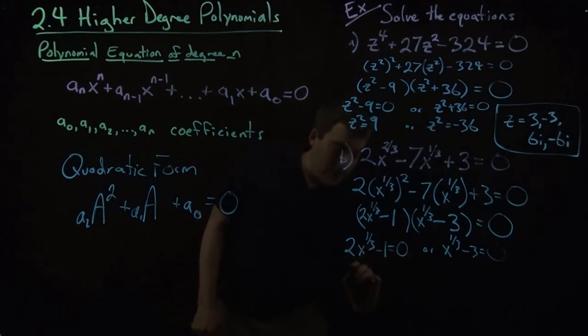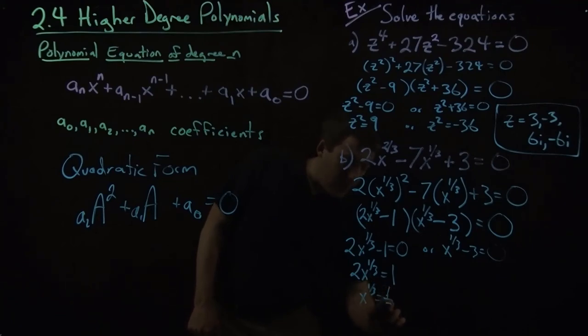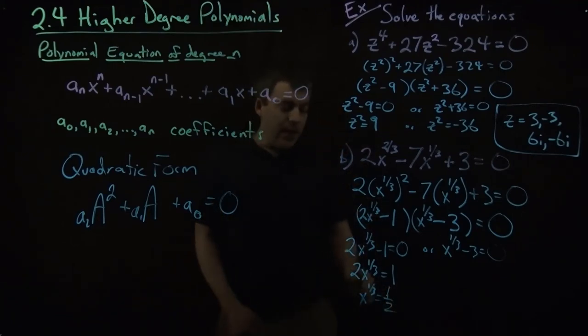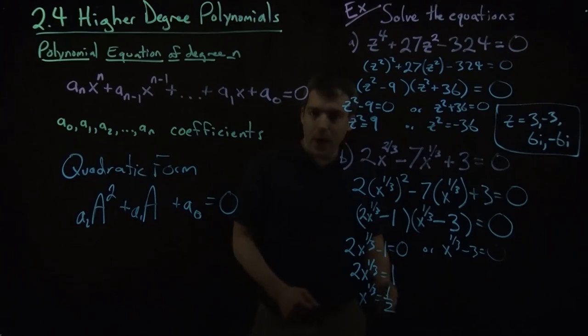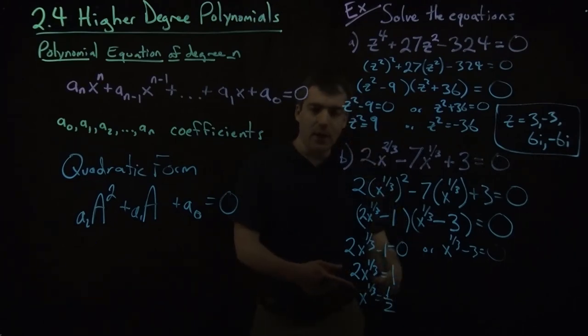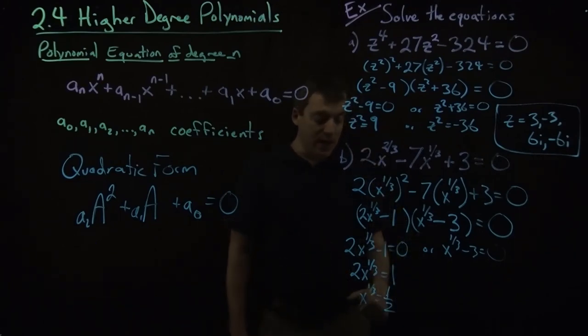So we'll add the 1. 2x to the 1/3 equals 1. Divide by 2. x to the 1/3 equals 1/2. And then to undo the 1/3 power, we will take the cube of both sides.